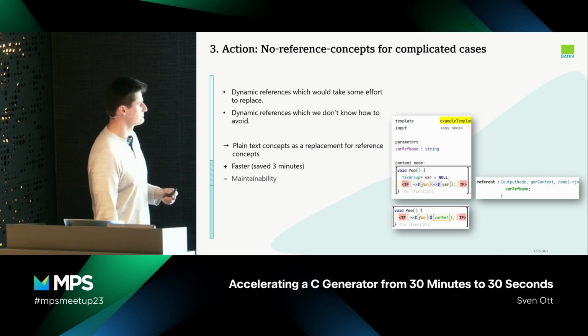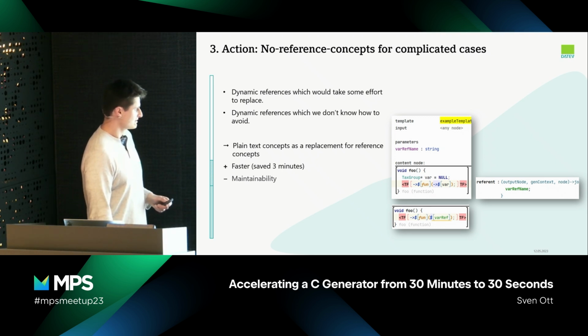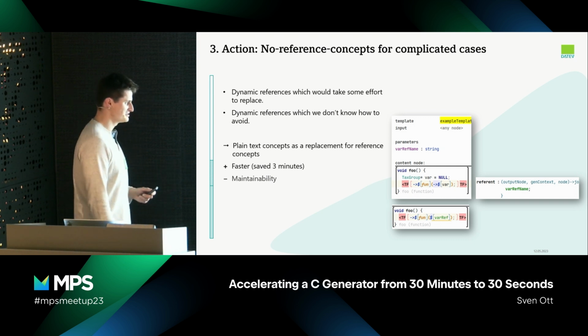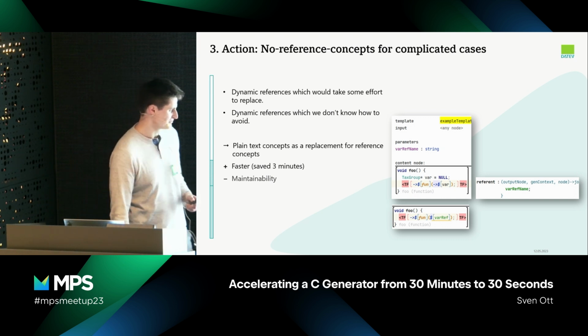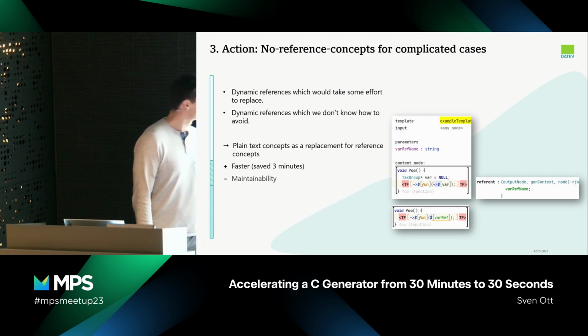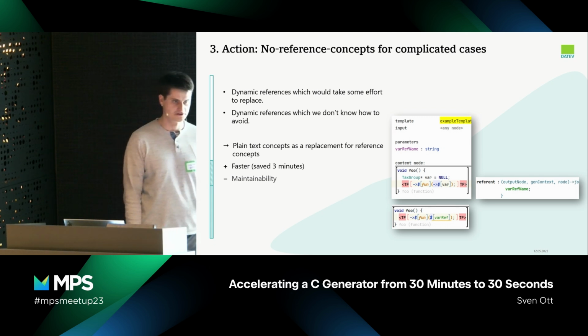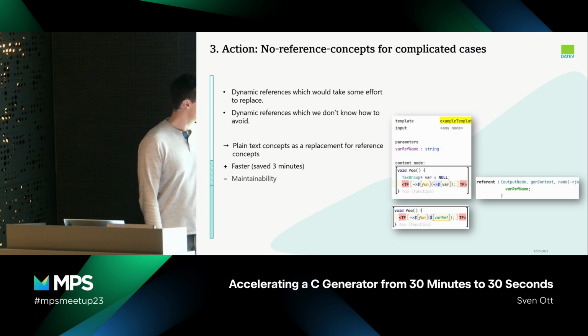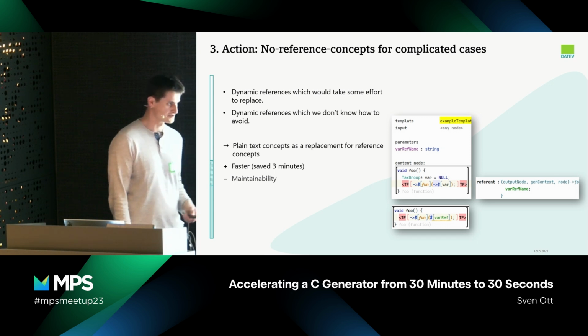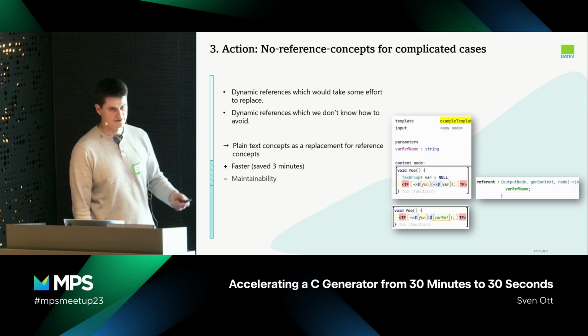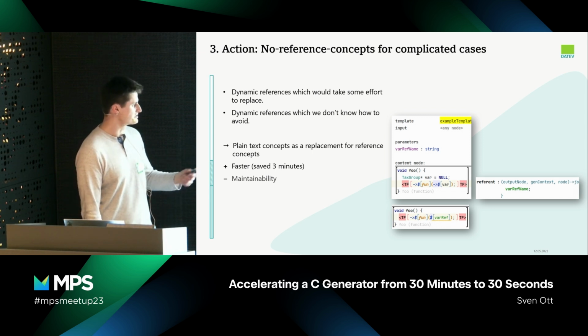The third action we took, which is somehow questionable, is that we replaced references by plain text. So we still had some reference macros returning strings left, and those were actually still really slow. So we still spent around 4 minutes resolving dynamic references.